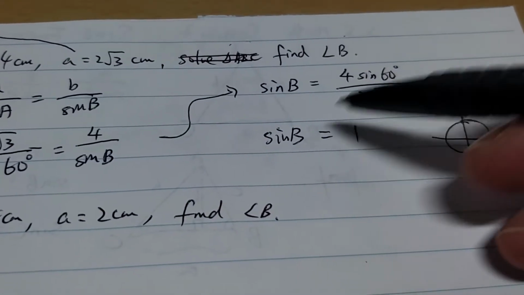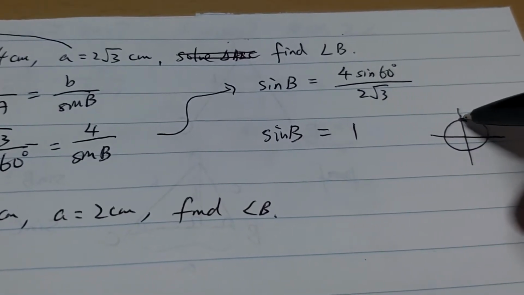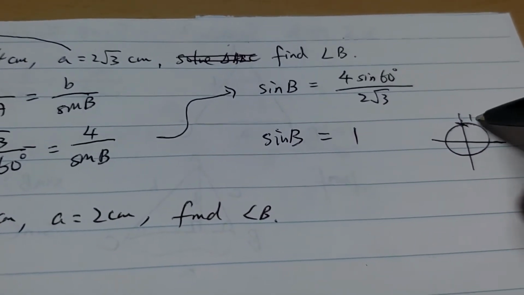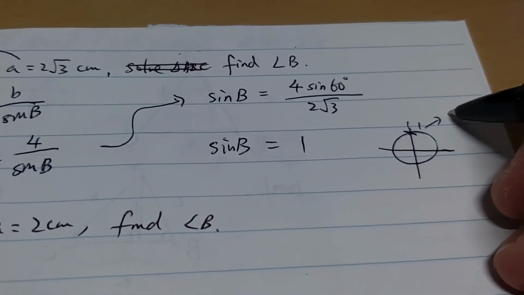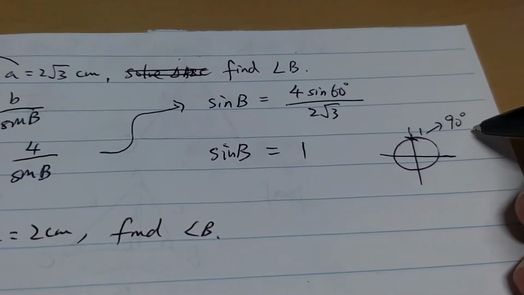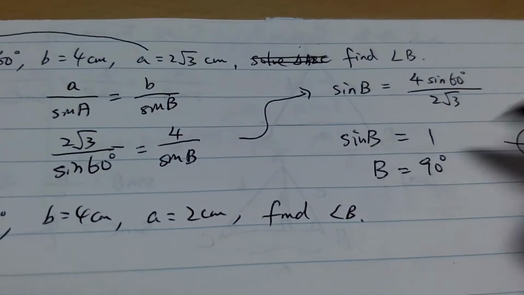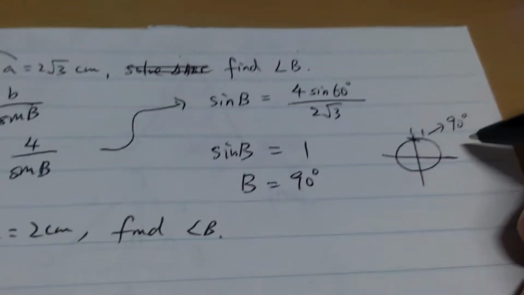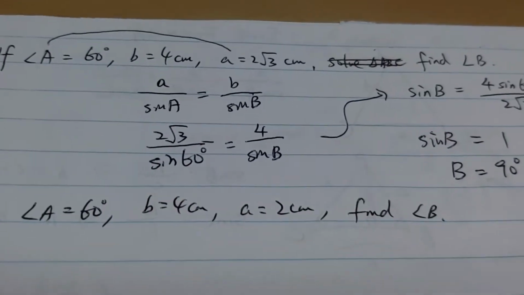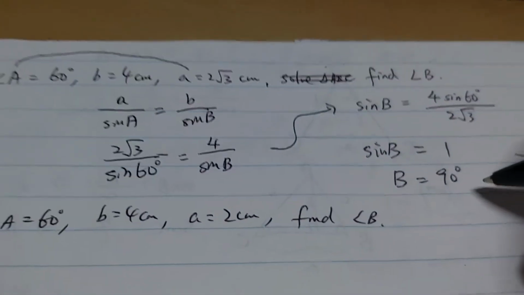Sine means y coordinate. If the y coordinate is 1, it corresponds to angle 90 degrees. So B is 90 degrees. Only one solution. Okay, we need to check whether it is possible.